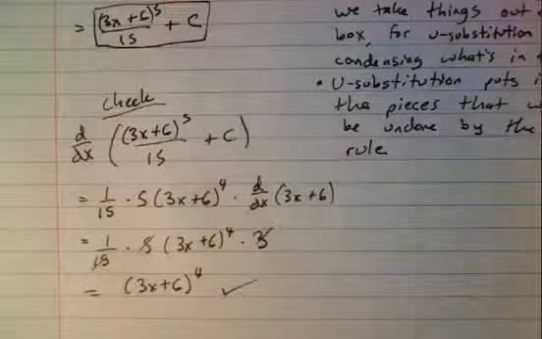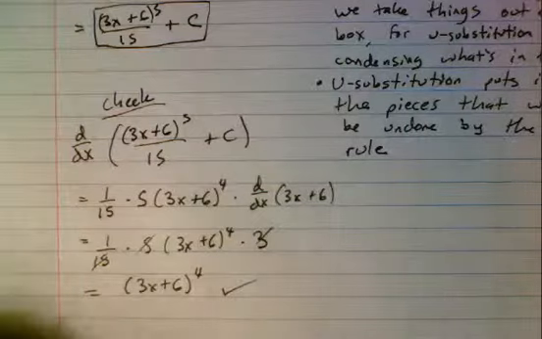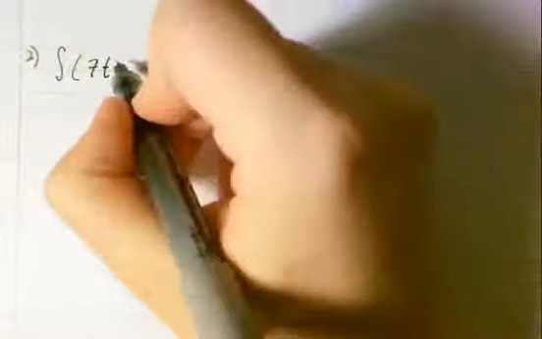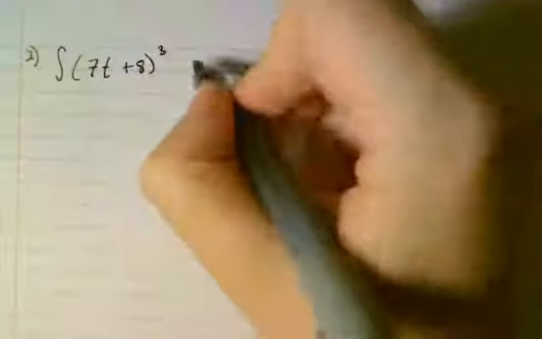Now we're just going to do a bunch of examples. Really with this, you just need a bunch of practice. So let's start off by taking the antiderivative of 7t plus 8 to the 3rd power, and that's with respect to t. Now these variables currently match, but we have a box function right here that says power to the 3rd power.